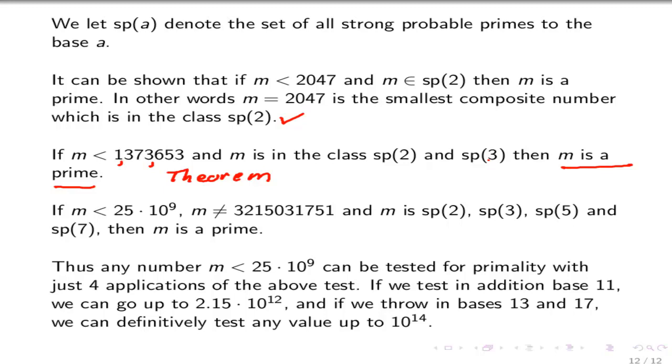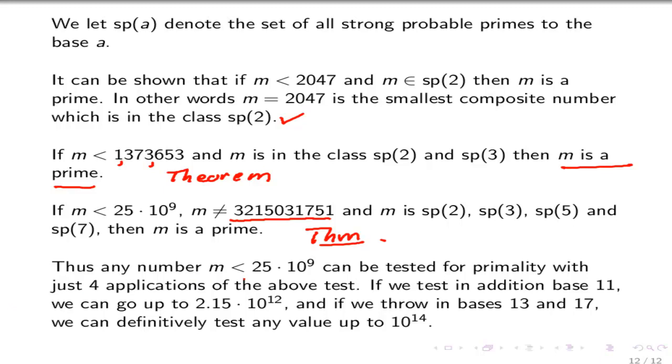And you keep going. If M is less than 25 billion, then with the exception of this one value, if it's in SP2, SP3, SP5, and SP7, so you test 4 bases, you get to conclude that M is a prime. Again, that's a theorem that we're not going to prove here.